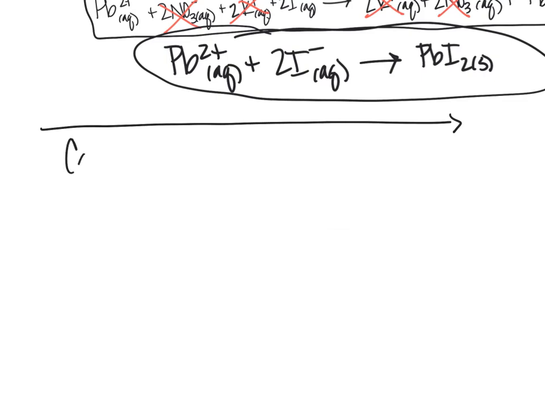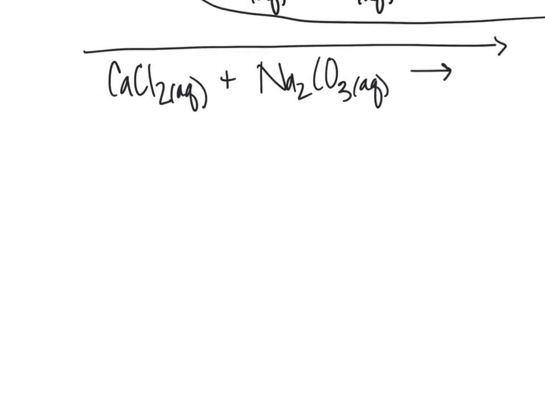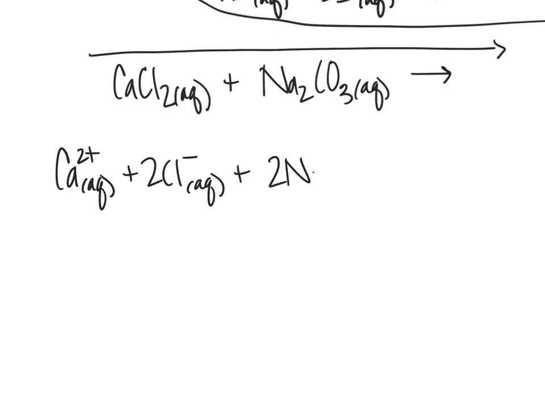So we have calcium chloride, CaCl2, aqueous, plus sodium carbonate, Na2CO3, aqueous. So in my opinion, the first thing that we do is we create the ions of these. So we have Ca2+ aqueous, plus 2Cl- aqueous, plus 2Na+ aqueous, plus CO3 2- aqueous.